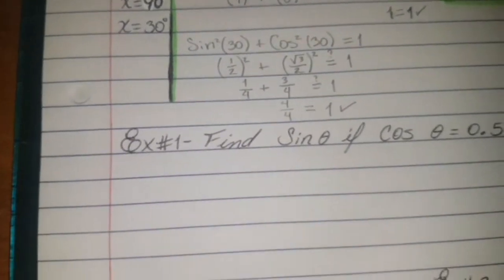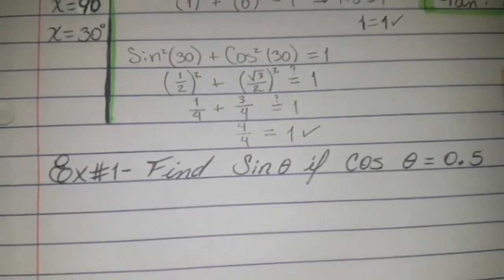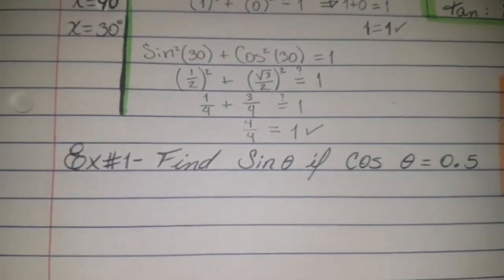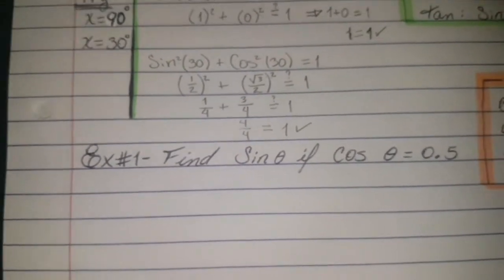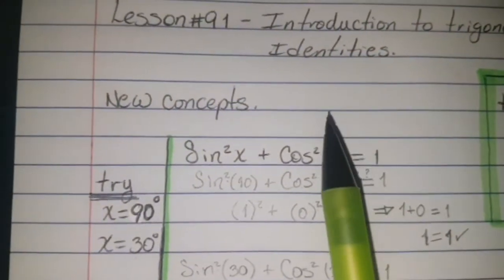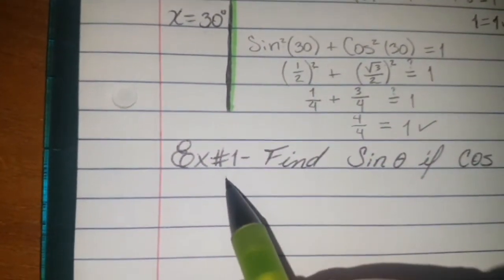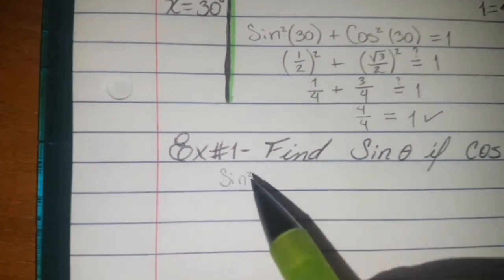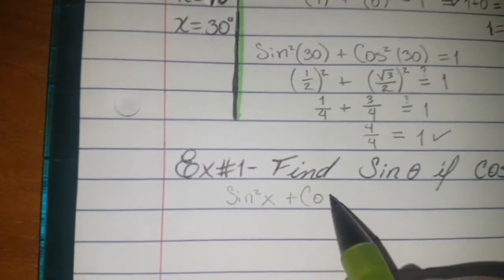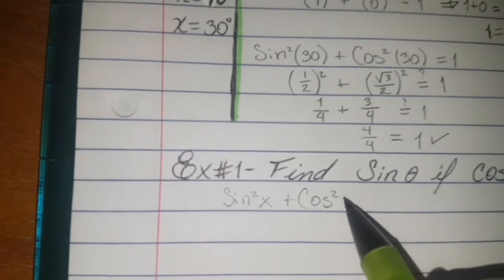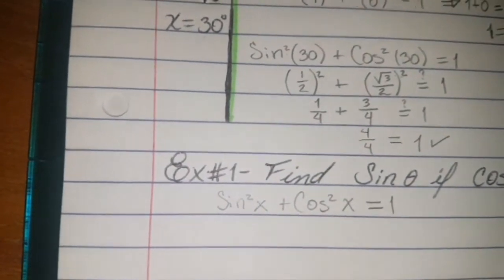Now let's see in example number 1 how we can use that. It says, find the sine of the angle if cosine of the angle equals 0.5. So I'm going to rewrite the trigonometric identity: sine to a second power of x plus cosine to the second power of x equals 1.